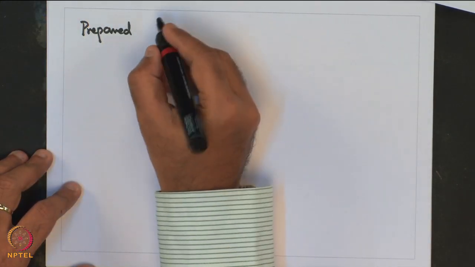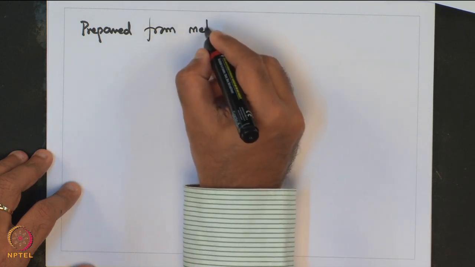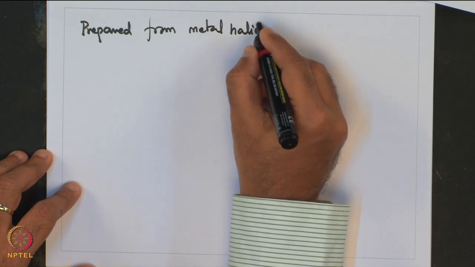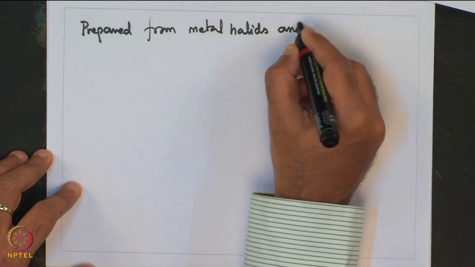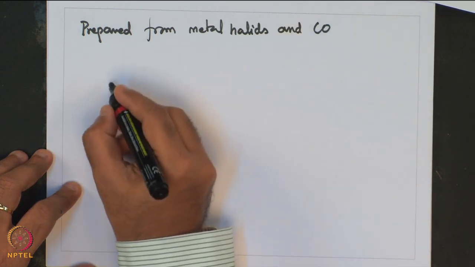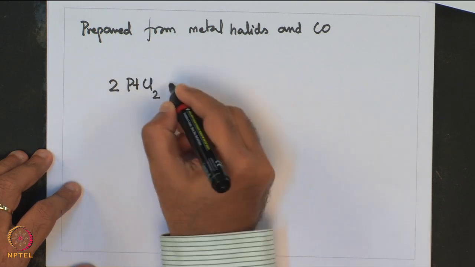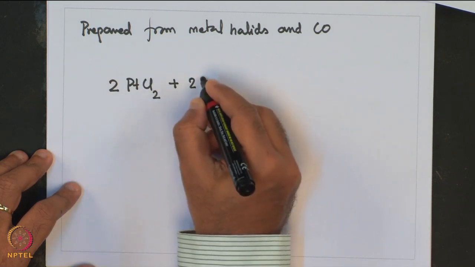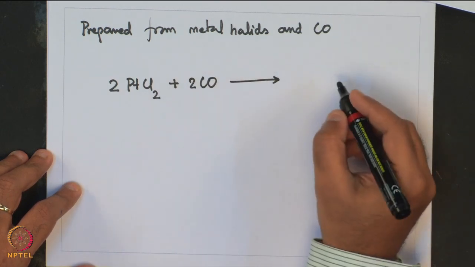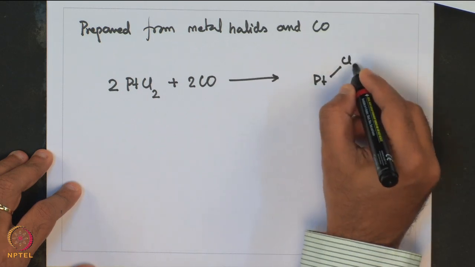For example, PtCl2 plus 2CO giving this chloro bridged platinum dimeric complex.